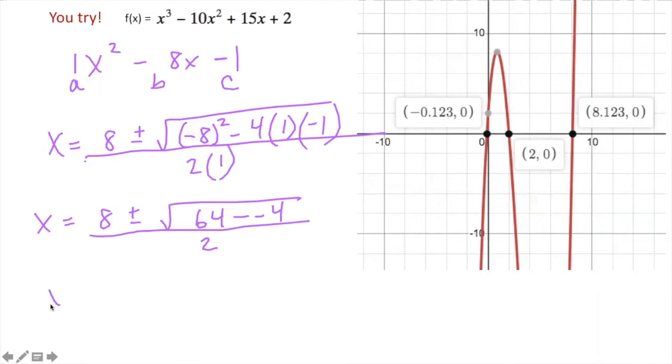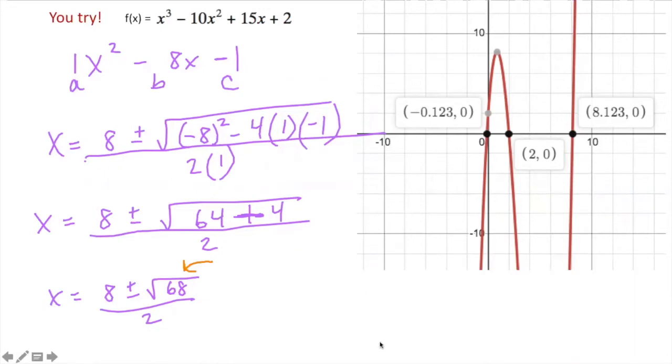Do another rewrite. We have x equals 8 plus or minus the square root of 64 minus a negative, which changes to plus. So we have 64 plus 4 is 68 all over 2. So at this point, we can try to break down the 68, see if it's divisible by a perfect square number like 4, 16, 36, etc. It turns out that it is divisible by 4.